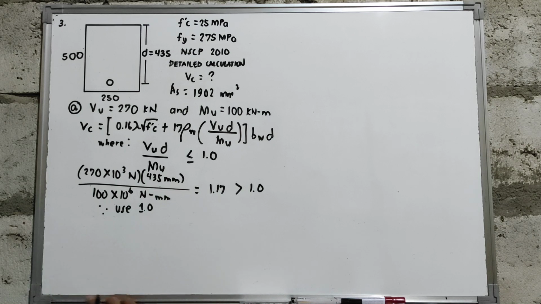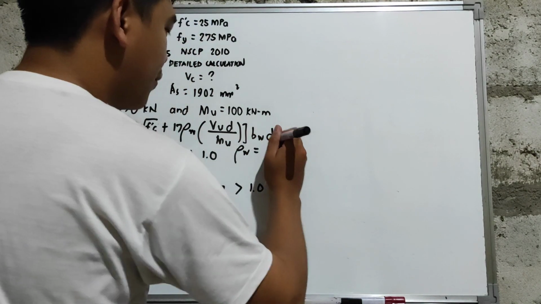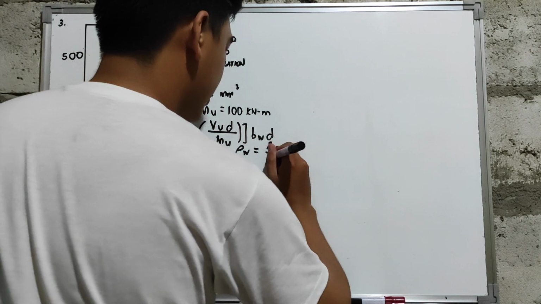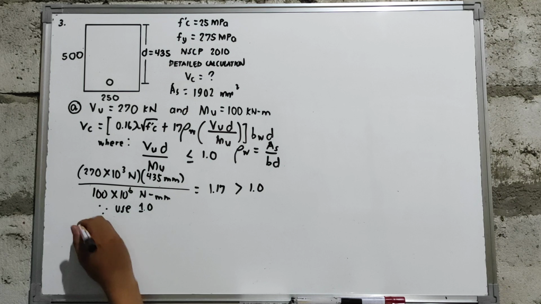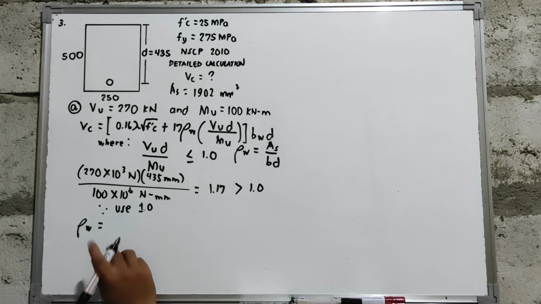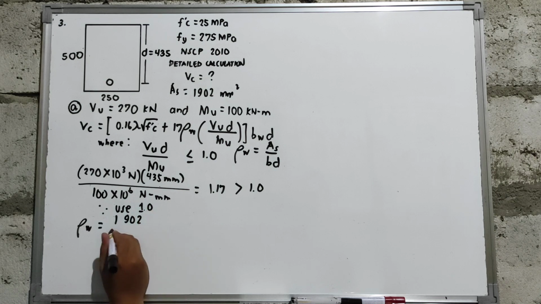So, let's compute now for the value of your steel reinforcement. In computing for your steel ratio, that is only As over bd. So, rho w, our As, that is 1,902 mm squared all over our effective concrete area, which is equal to bd.